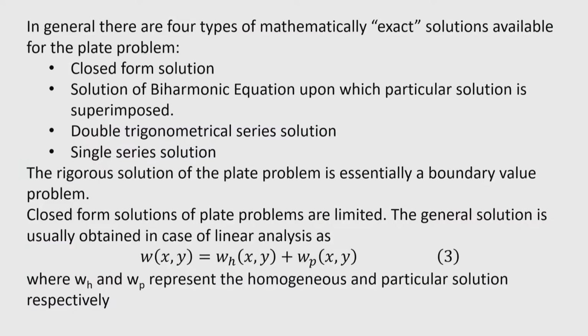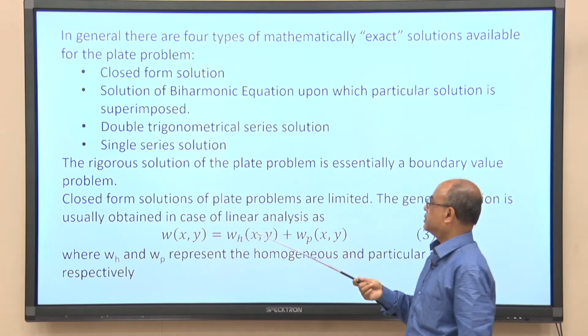So, let us see the general techniques that are used for the exact solution of the plate problem. One is closed form solution that satisfies the boundary condition as well as differential equation.